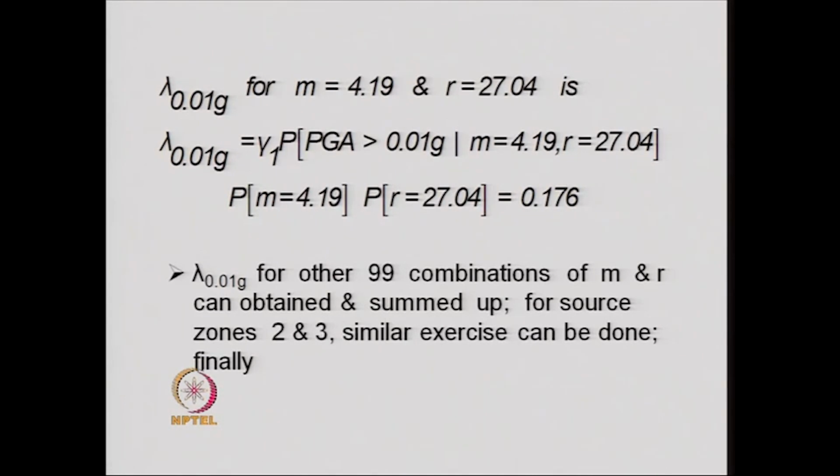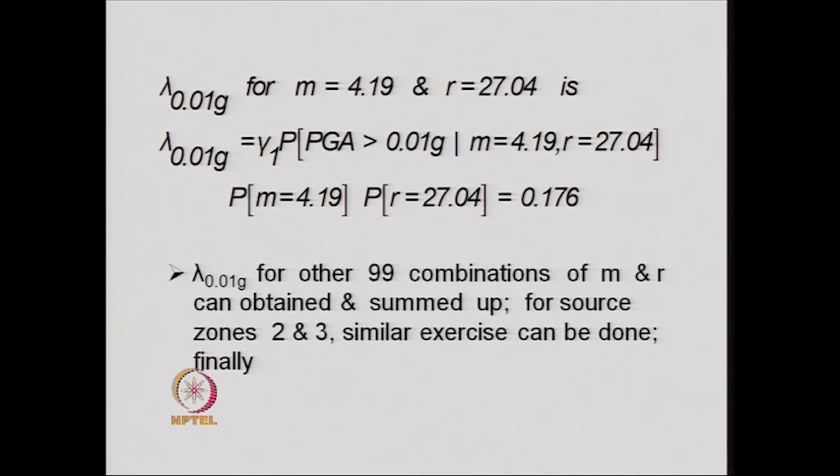So the annual rate of exceedance of a peak ground acceleration of 0.01 g turns out to be 0.176 for source 1, given a pair of values of magnitude 4.19 and R equal to 27.04.